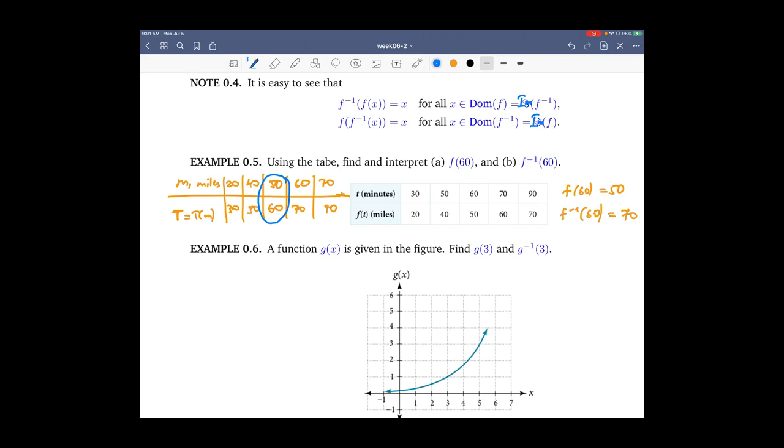Excuse me, f inverse of 50 is 60. What is the meaning of that?